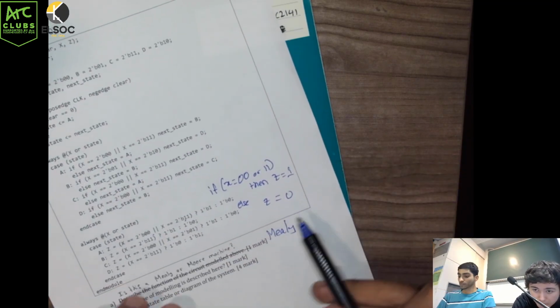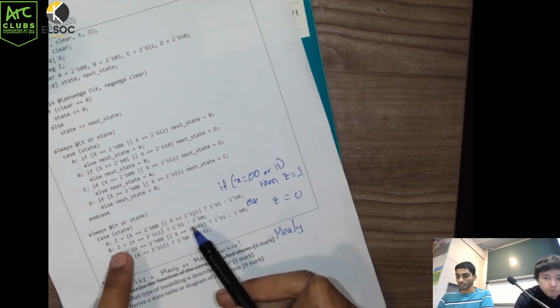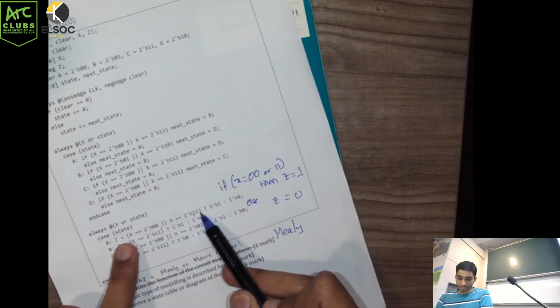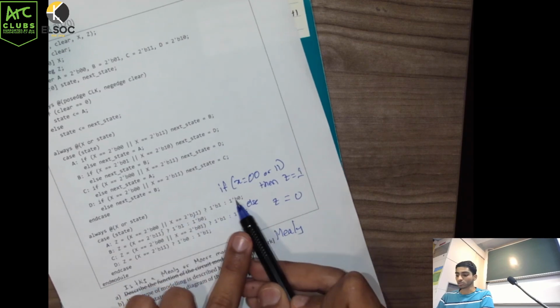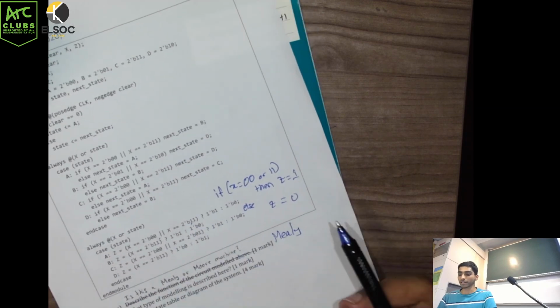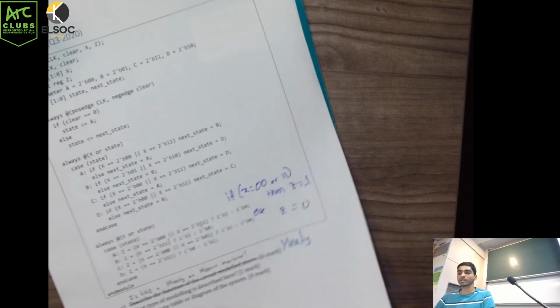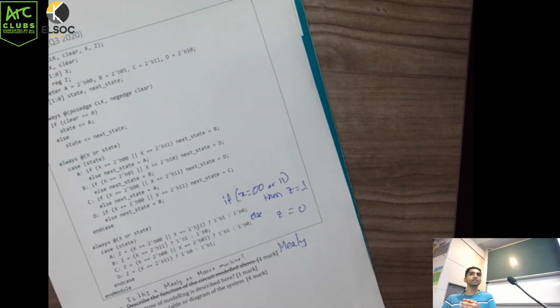Does that make sense? After this question mark, it says that if this is true, then we give it this, else we give it that. This is a very shorthand way of writing an if statement. It's called a ternary operator and is present in most programming languages. Caveat, Verilog is not a programming language. People will get very angry at me if I say that. It's actually a hardware description language.